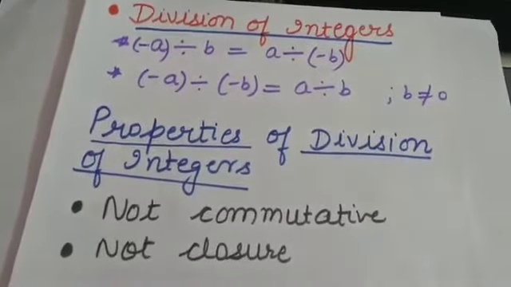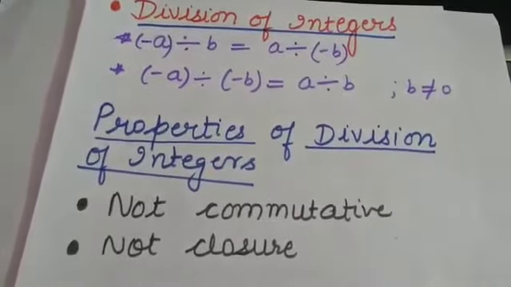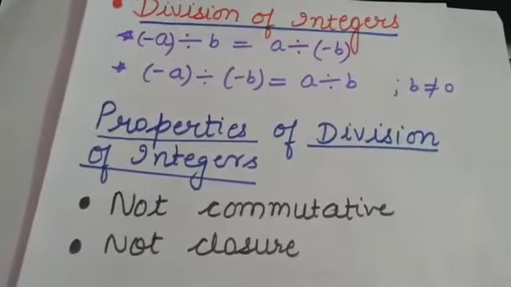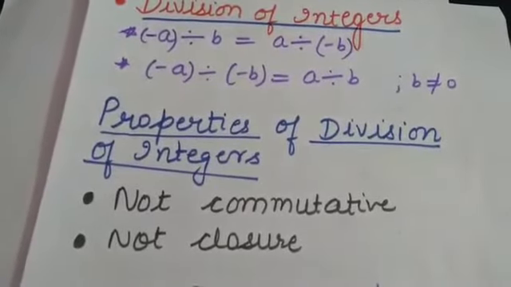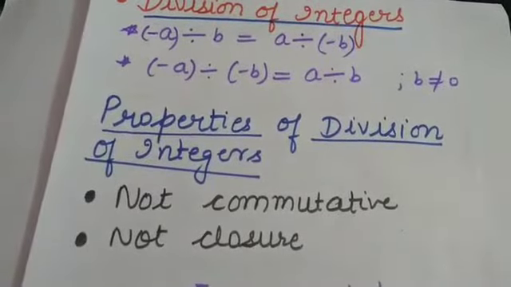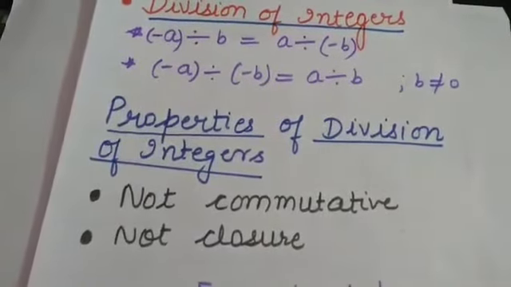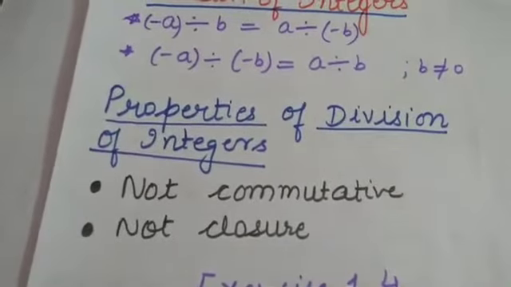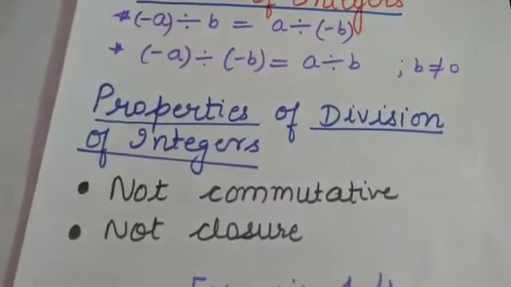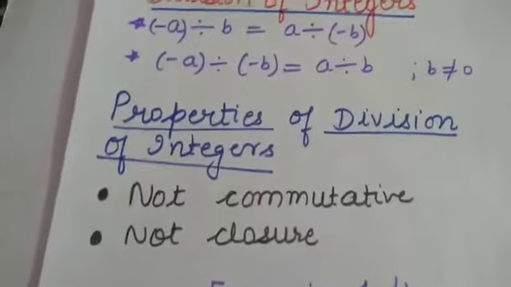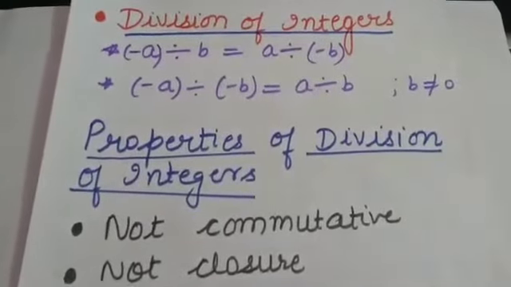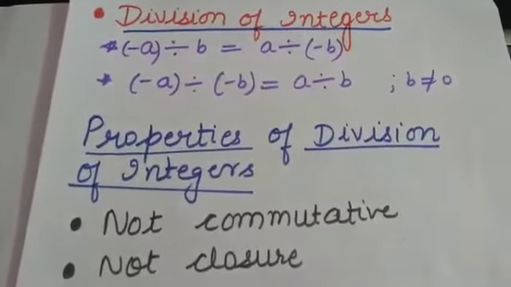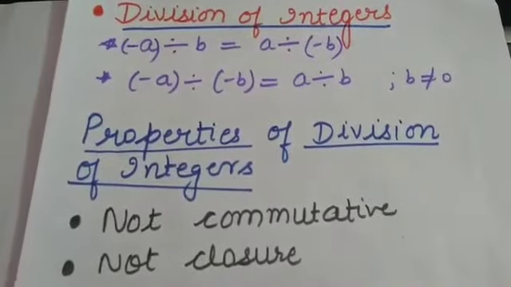So let us check this by taking an example. I have divided 2 divided by 3, and I get a number. Again, if you divide b by a, we get 3 divided by 2. Here I can see 2 by 3 is not equal to 3 by 2. So I can say that this property does not hold in division of integers.